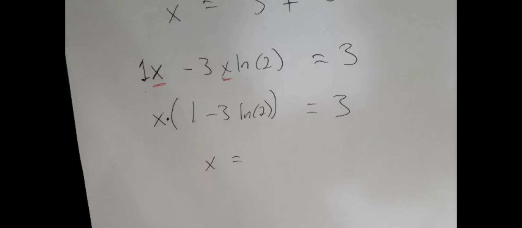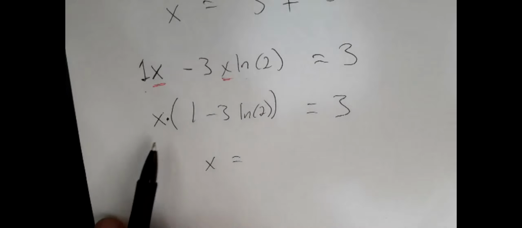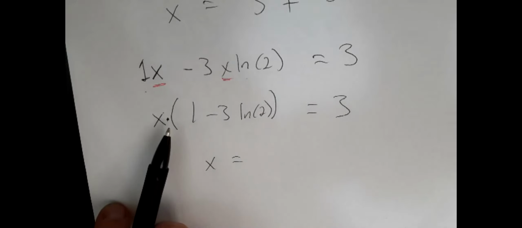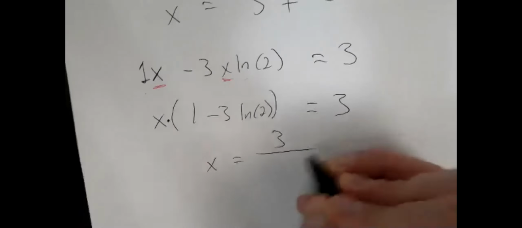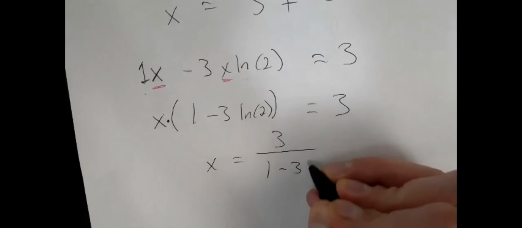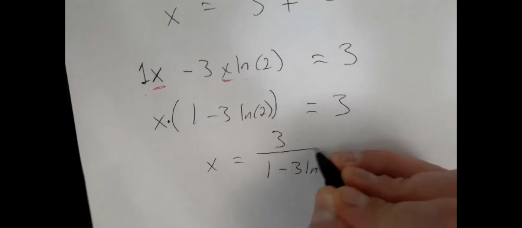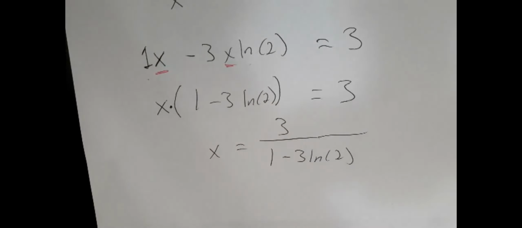Does anyone see it? It's a bit crazy, but it's there. If this is multiplying, what do we have to do to get rid of it? Divide. Divide by the crazy thing. So 3 over the crazy thing, which is 1 minus 3 ln of 2. If we want an exact solution, that would be an exact solution.